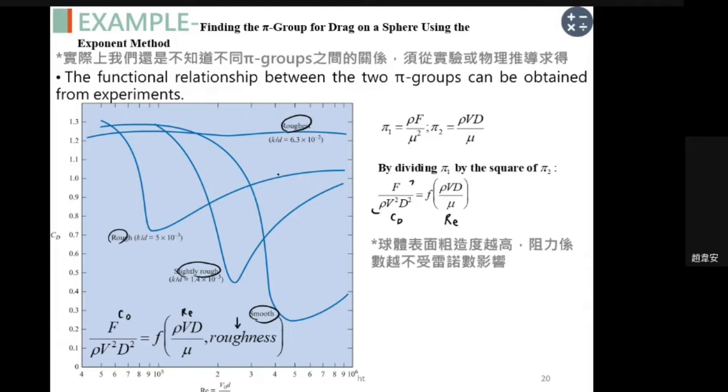So we know that if the surface has a relatively higher roughness, then the drag force does not respond to Reynolds number changes. So this is a very important result.